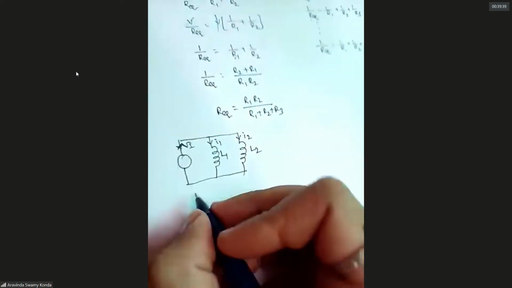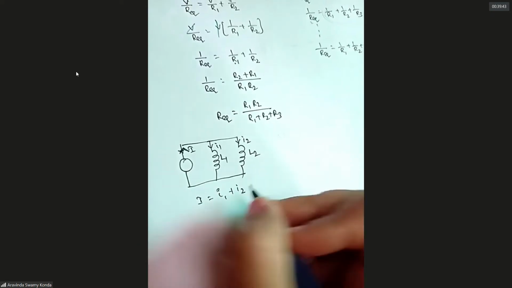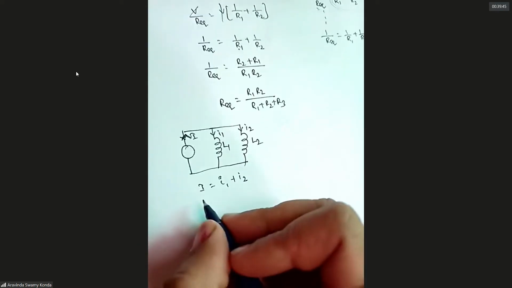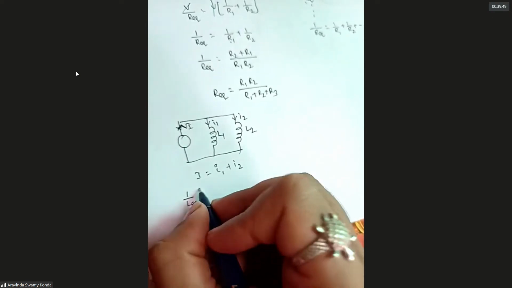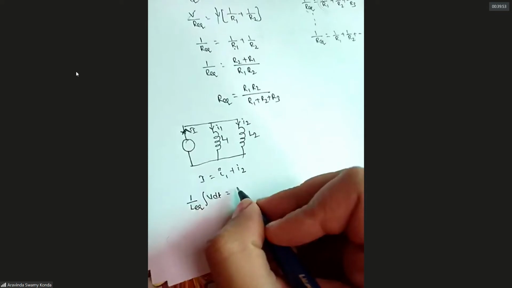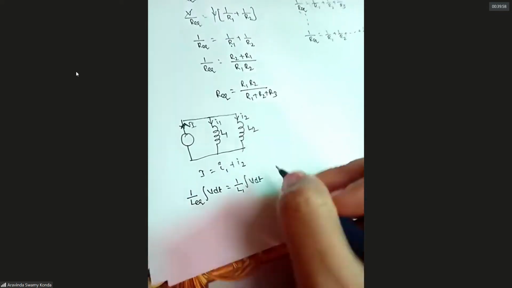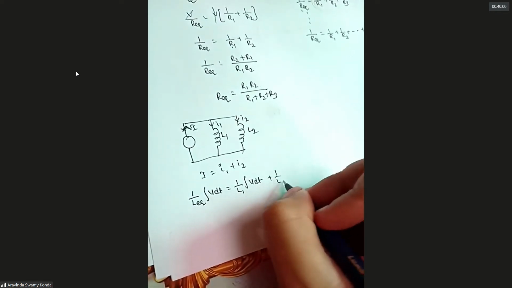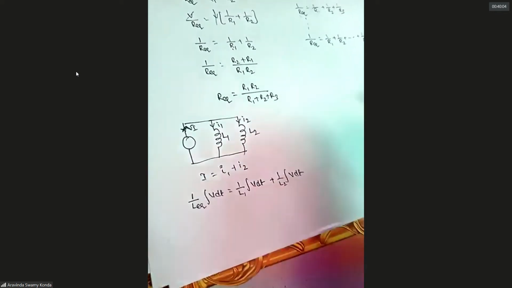Total current I. So I equal to I1 plus I2. So total current equal to 1 by L equivalent into integral of V dt. So I1 is nothing but 1 by L1 into integral of V dt plus 1 by L2 into integral of V dt.